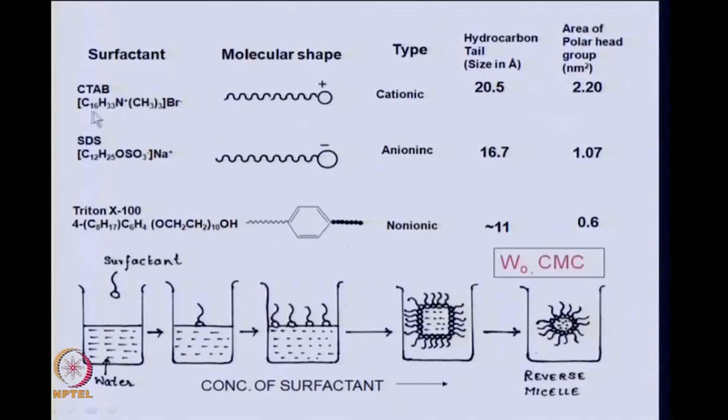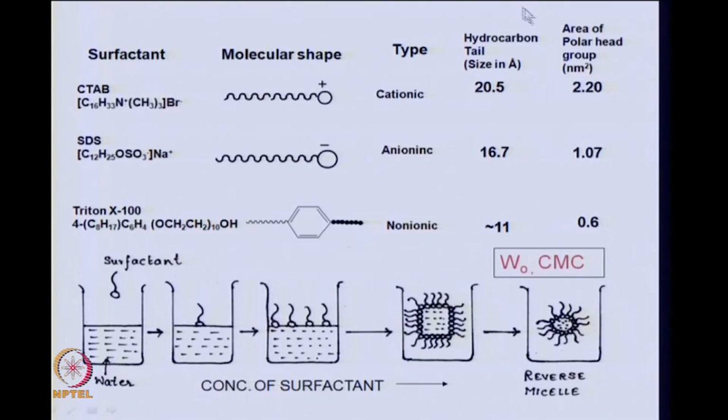So, here we show you a surfactant like CTAB, which is a cationic surfactant and has a polar head group at the trialkylamine side, and there is a long 16 carbon hydrocarbon chain, which is the hydrophobic chain.